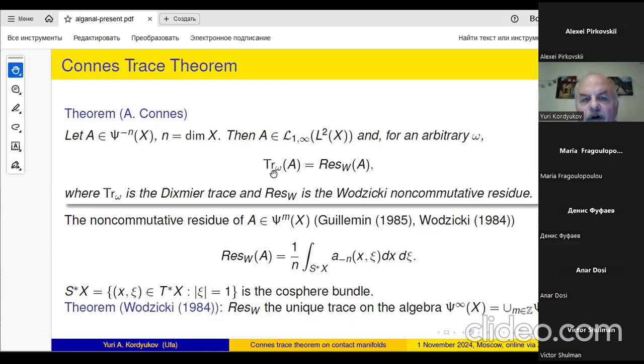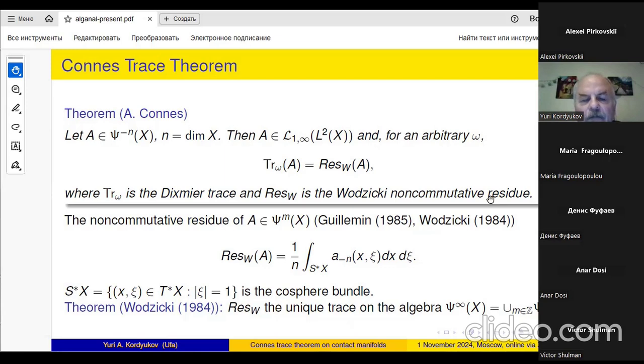And moreover, this Dixmier trace coincides with another trace on the algebra of pseudodifferential operators, which actually appeared in a different way in a different field of mathematics. This is the so-called Wodzicki noncommutative residue.